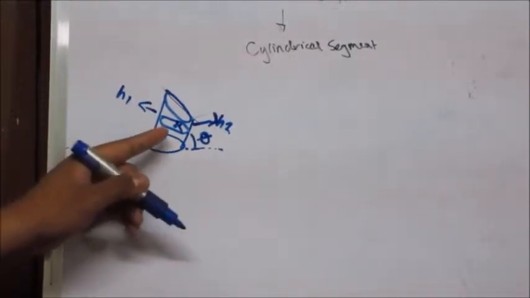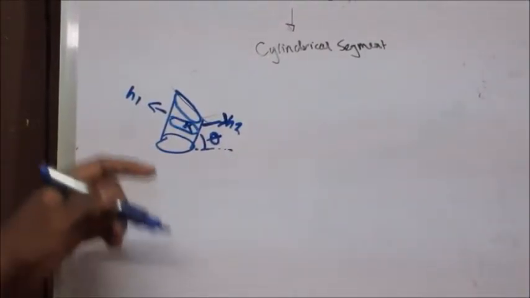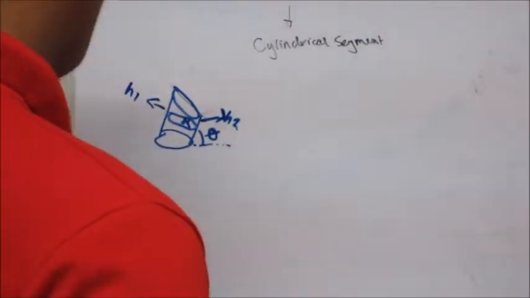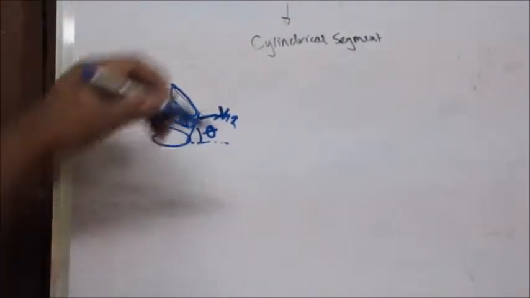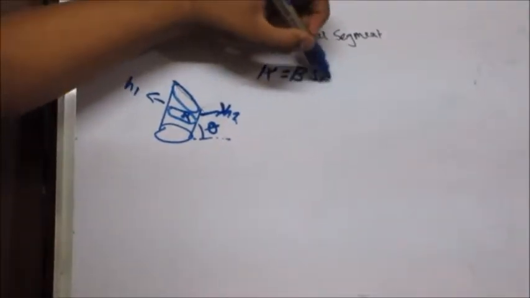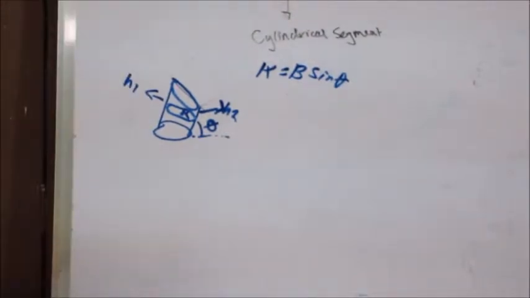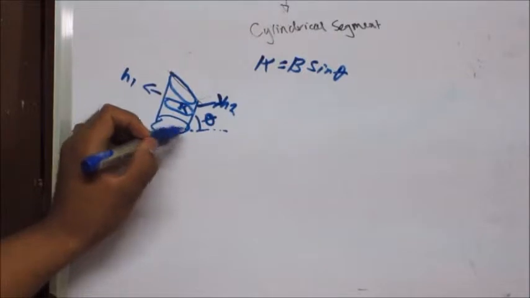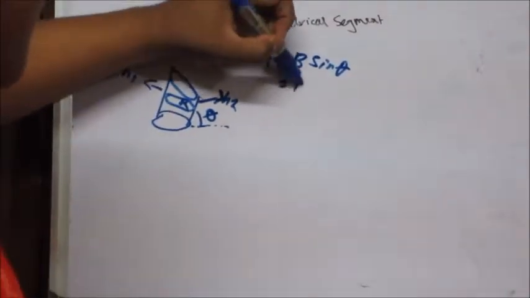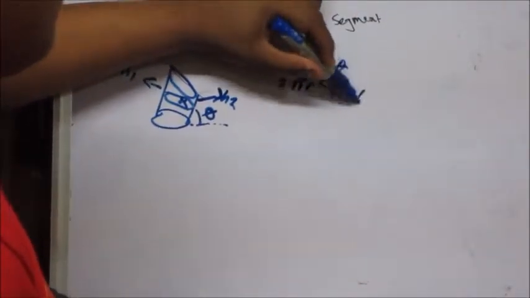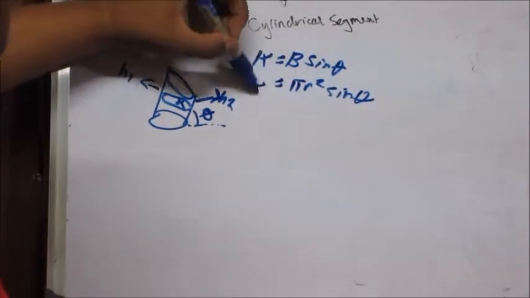In order to find the area of the right section, which is K, get the K by using B sine theta, wherein B is the area of the base of the cylinder, wherein B is equivalent to pi r squared. So K is pi r squared sine theta.